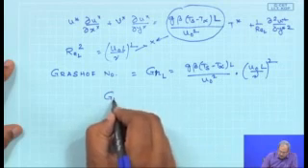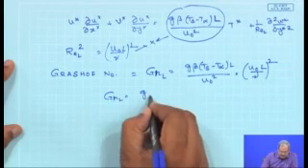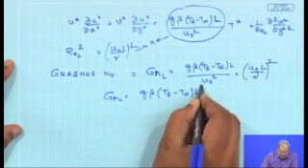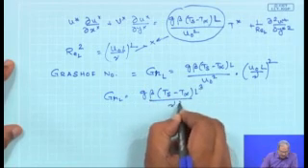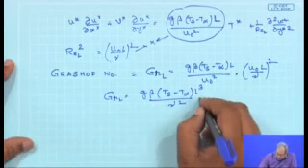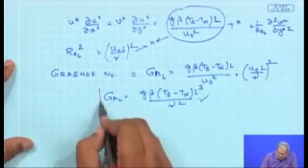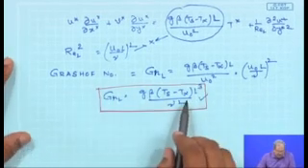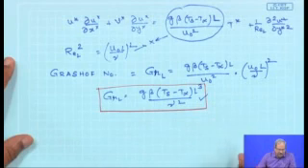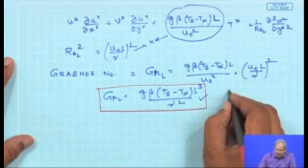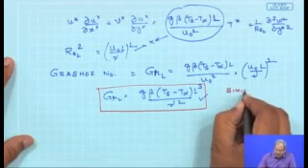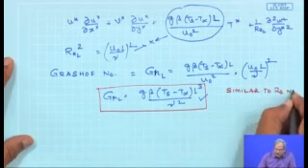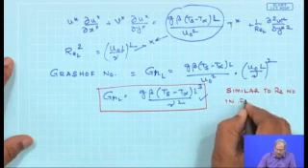So, Gr_L would be g beta (Ts minus T infinity) L cube by nu square. This is the Grashof number, and the Grashof number has the same significance as the Reynolds number in forced convection. So, it is similar to the Reynolds number in forced convection.